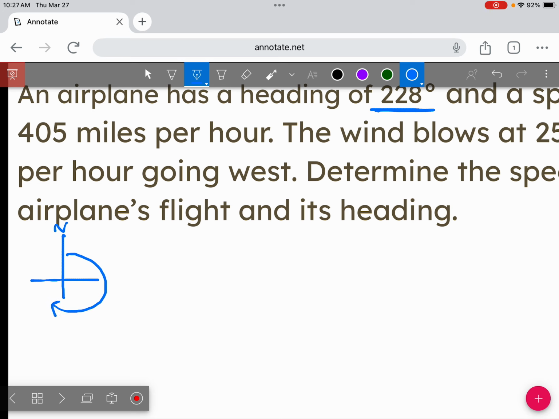we wind up over here. This is 228 degrees as a heading. So we need to figure out our angle that we use, our theta here.